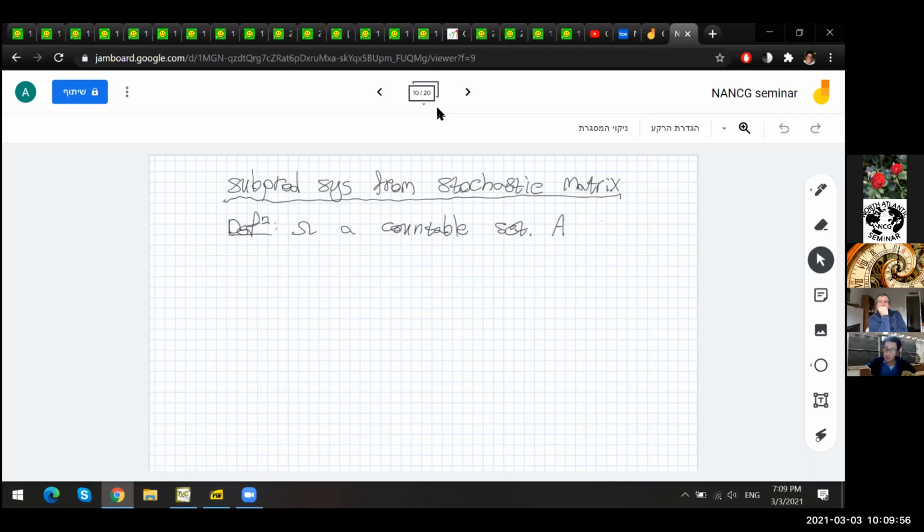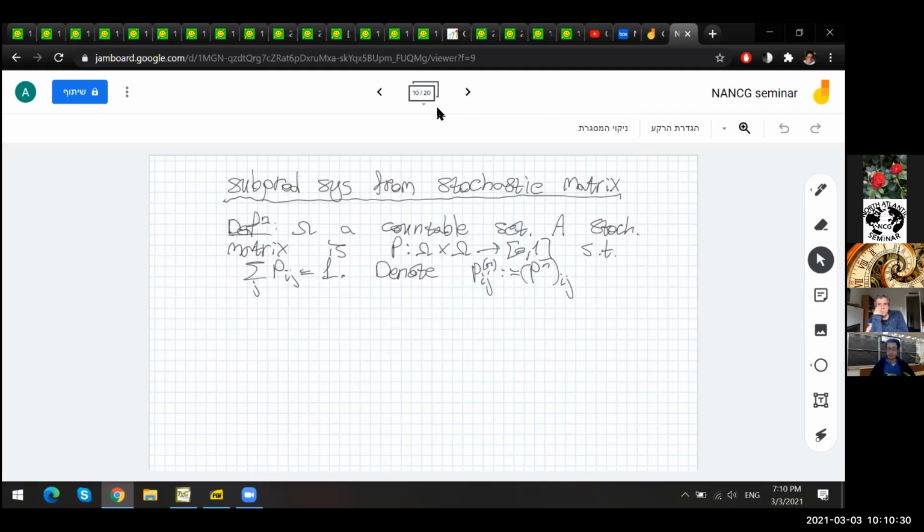A stochastic matrix is a function p from omega times omega into the interval [0, 1] such that the sum of p_ij over j is equal to 1. And we denote by p_ij^(n) the ijth entry of p to the n.